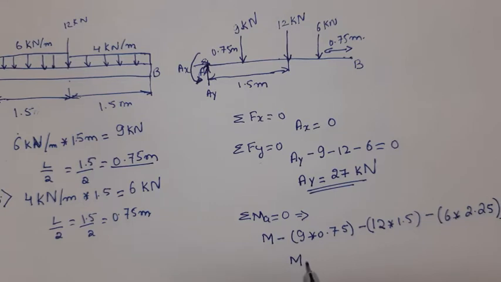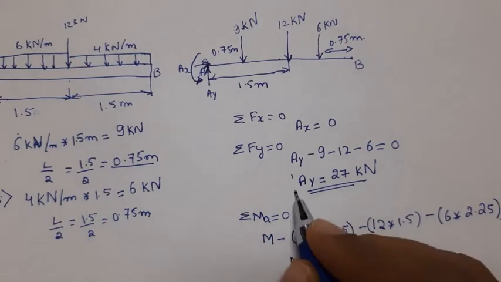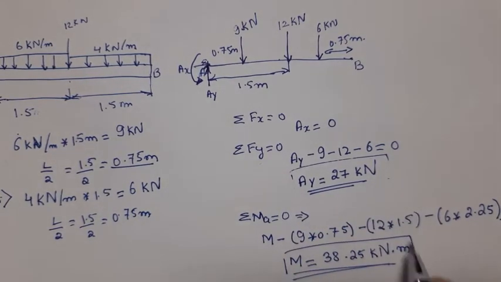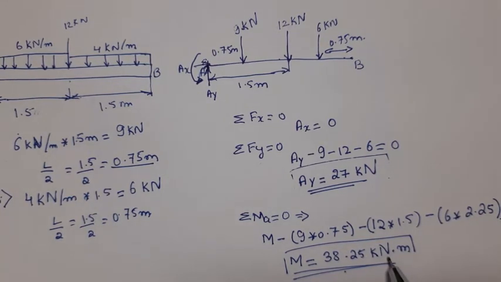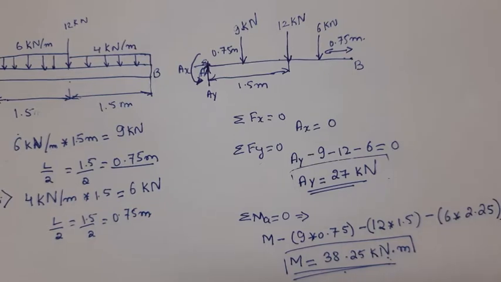Calculating this, you'll get the answer 38.25 kilonewton meter. Just make sure this is the reaction force and this is the moment. Also make sure to write the units, because without them you may lose marks. Thank you.